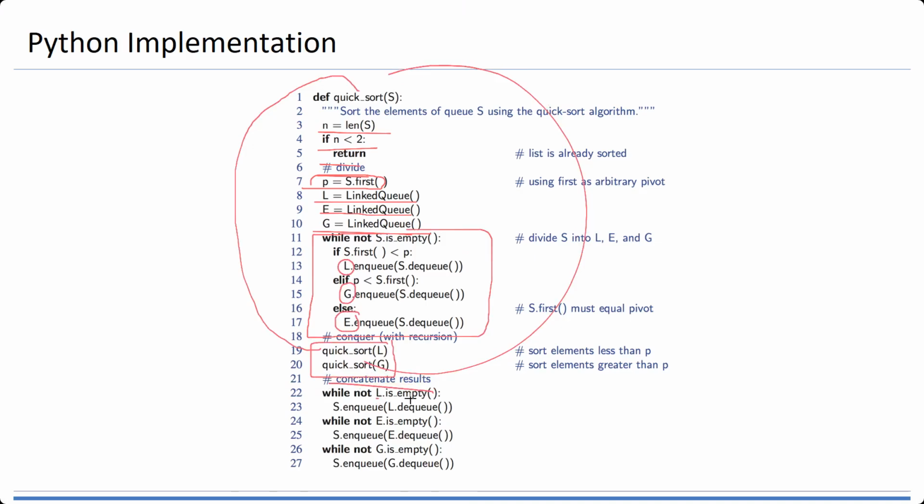If L is not empty, then enqueue. So if you still remember, when we use the queue, we have enqueue and dequeue. So this is one implementation using the queue.